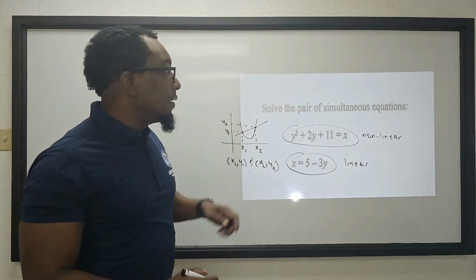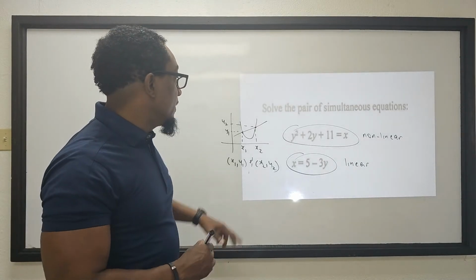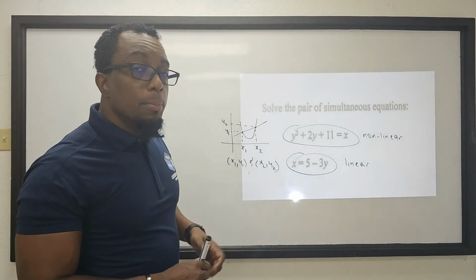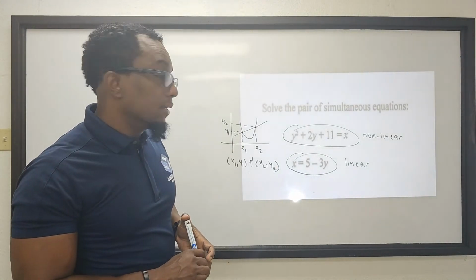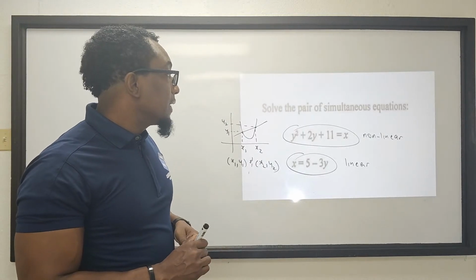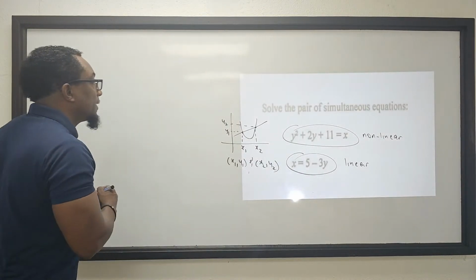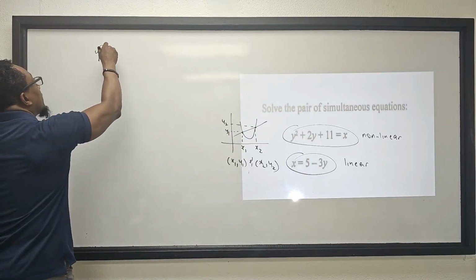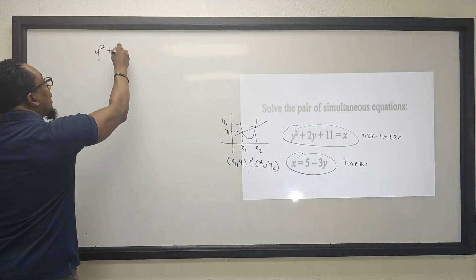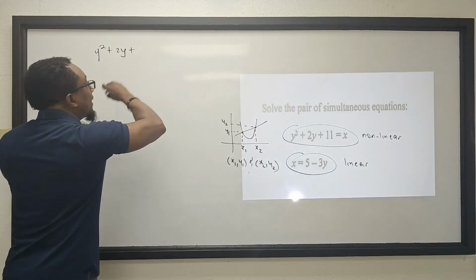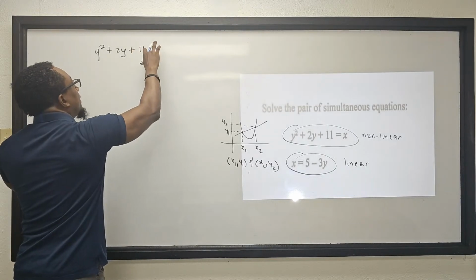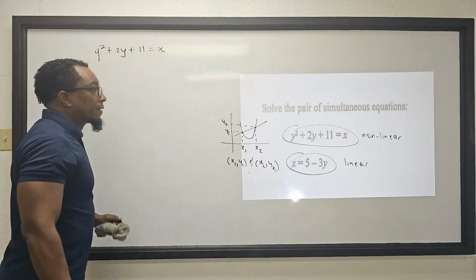So we solve a pair of equations simultaneously. The objective is to get 2 points of intersection, coordinates representing the points of intersection of the two equations. So let's solve it simultaneously. We have y squared plus 2y plus 11 is equal to x.